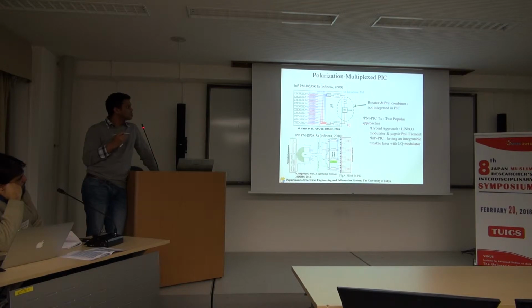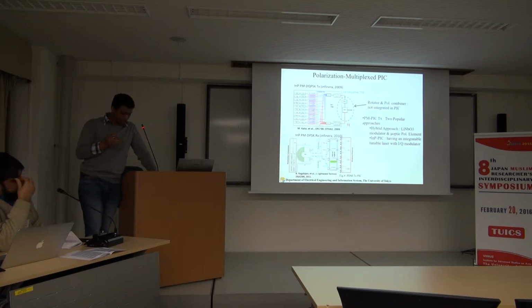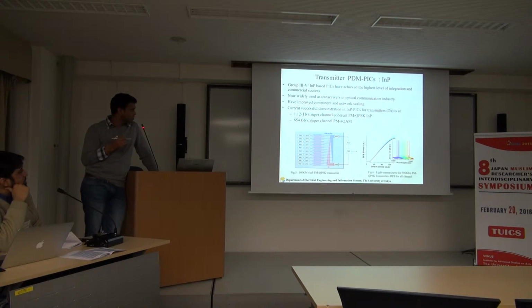We need to bring them on chip, and that is one of the major ways forward for having many different types of integrated applications in your device. These are some of the papers published in this domain, but you can look at the dates. They are very recent papers, but the integration part is still not completely achieved.